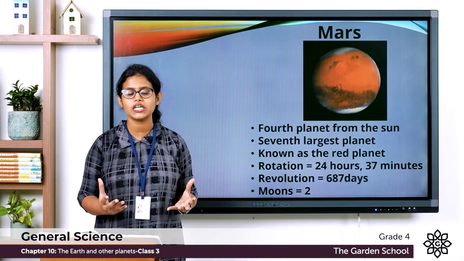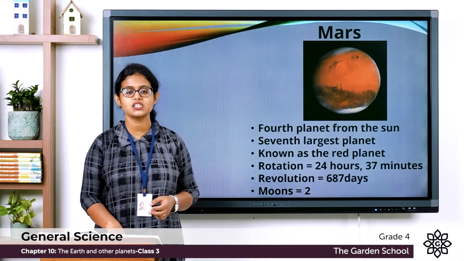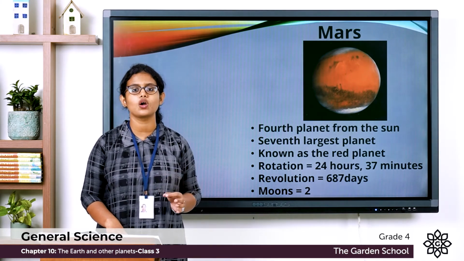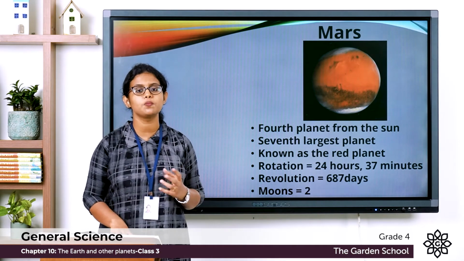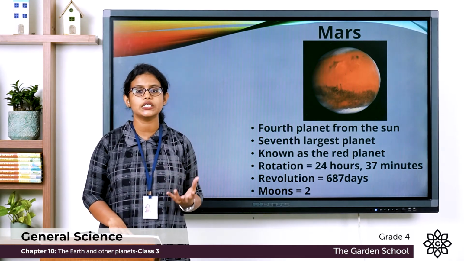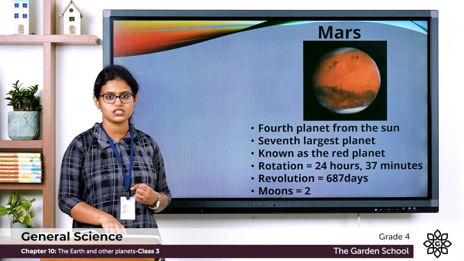Also, this planet has 2 permanent polar ice caps. The scientists believe that these poles get covered with ice during winter. So that is about the planet Mars.